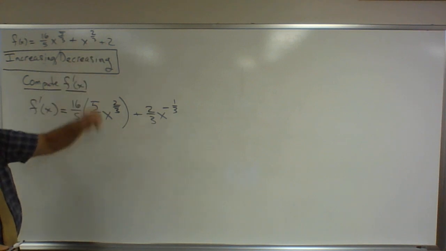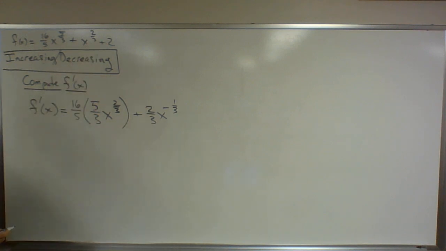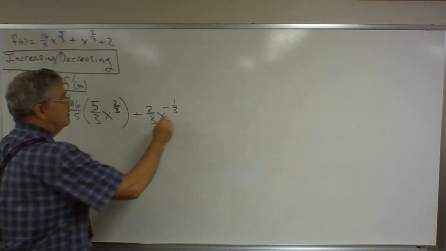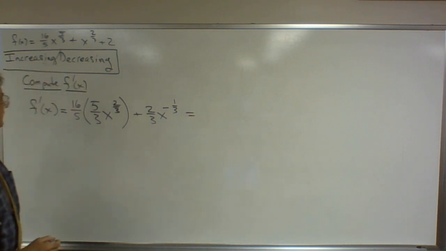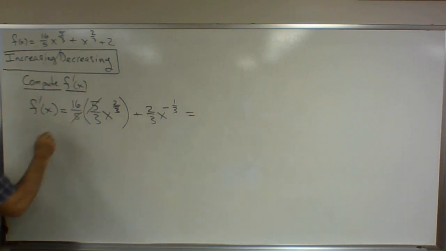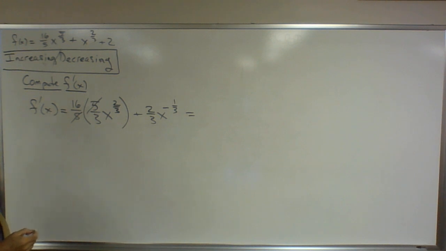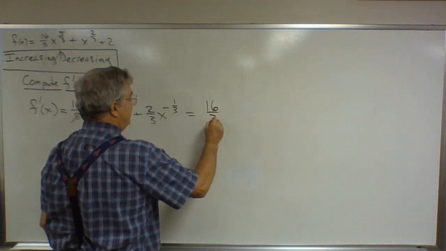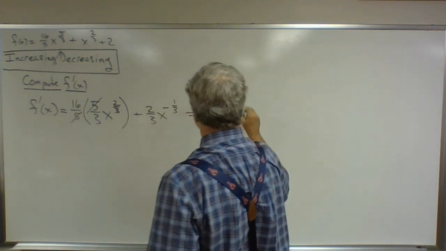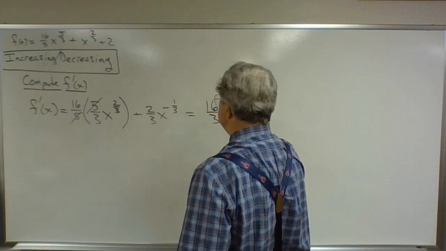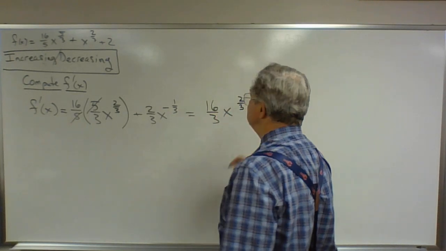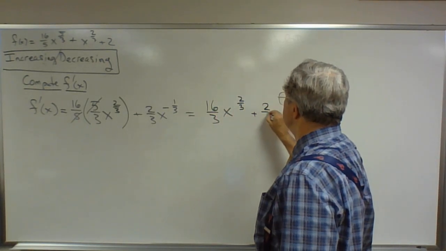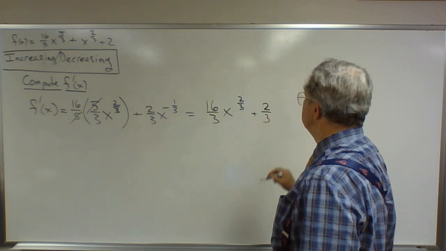And the derivative of 2 is 0. Let's see here. Cancel, cancel. So it looks like we have 16/3 x to the 2/3 plus 2/3.